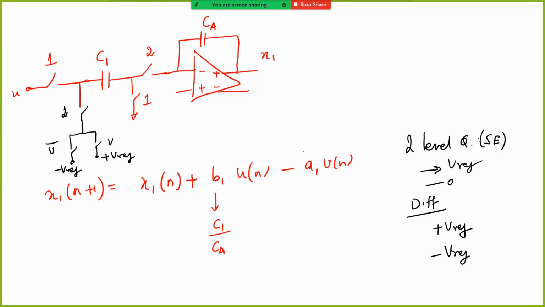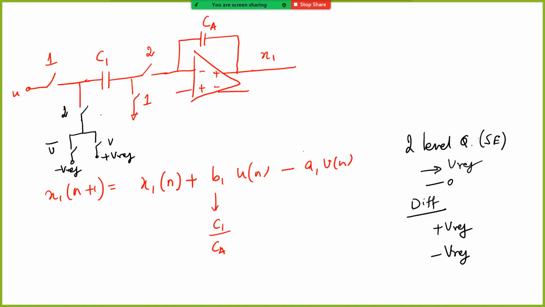Okay. Now, how do we continue with the rest of the circuit? Again, for simplicity, I'm not drawing the differential side of things. So here, instead of connecting it to ground, you charge it up to VREF, either plus VREF or minus VREF.